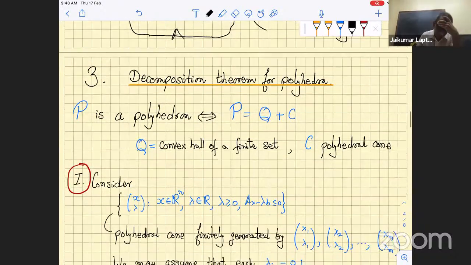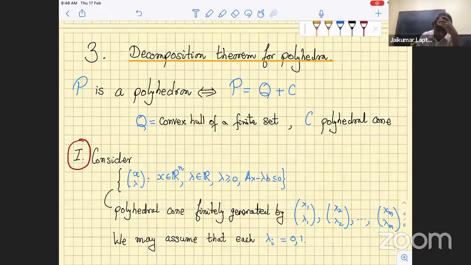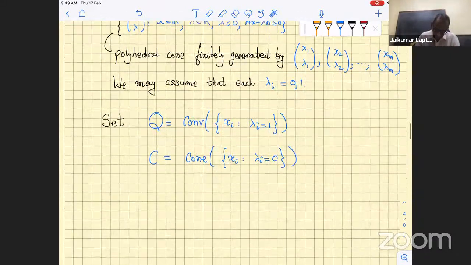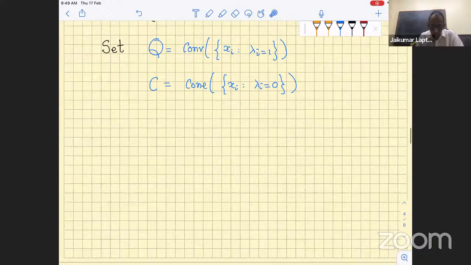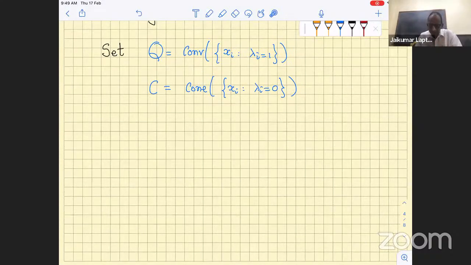So now what is the claim? When you take a polyhedron, it will consist of a polytope, a convex hull of a finite set of points, and a cone. Maybe I will draw something here. You have drawn some inequalities, and something comes out of those inequalities. Let's say this was the first inequality, and you're looking at all the points which are on this side. This is the first half space.